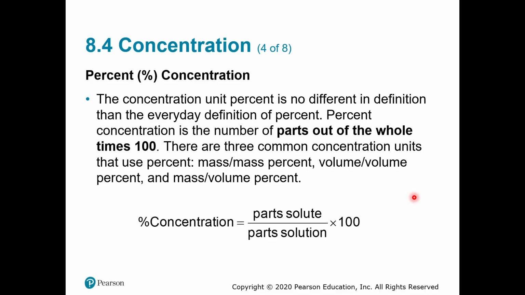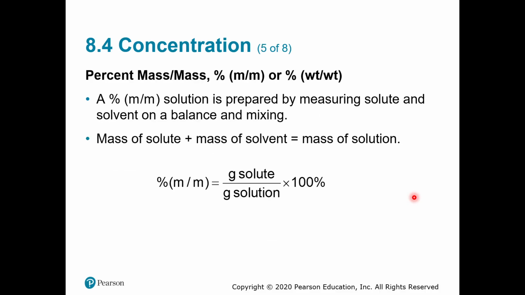Now, note that there are actually a few different types of percentages. You may have seen them before. There is percent V over V, percent W over V typically, and then percent W over W. What those are is you can have percent mass over mass or weight over weight.